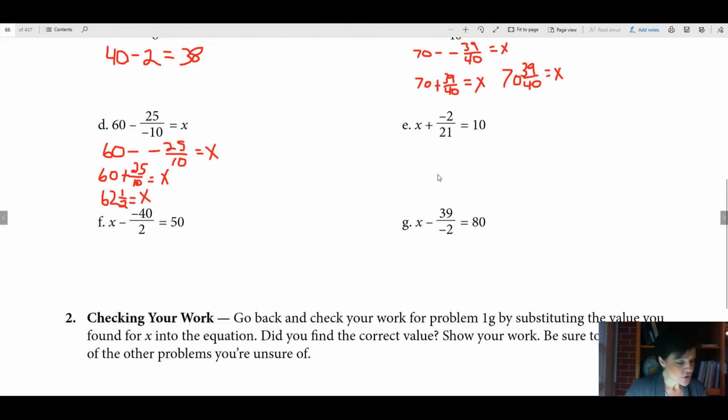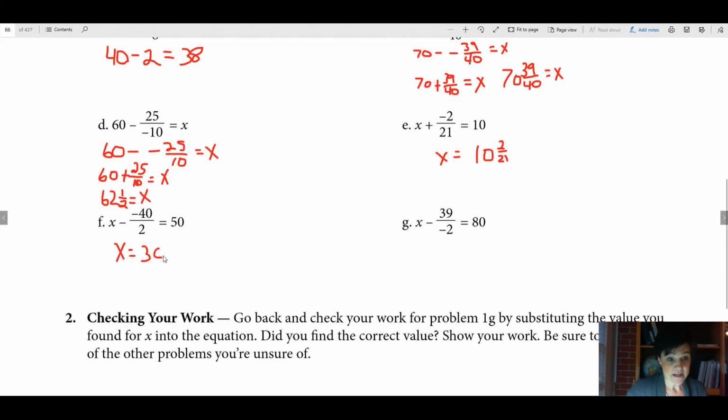Okay, on E, you should have gotten X equals 10 and 2/21. On F, your final answer would have been X equals 30.